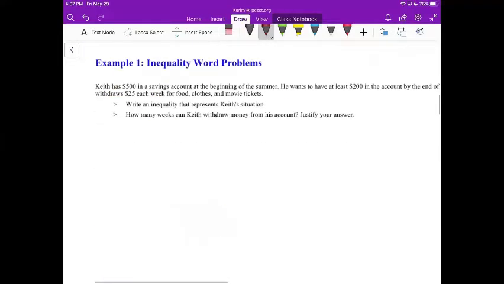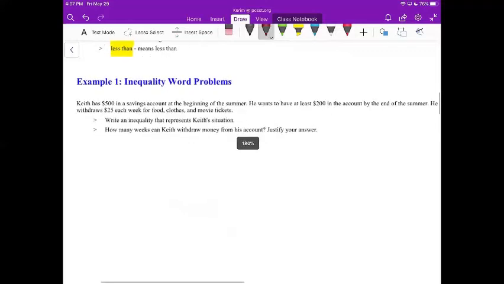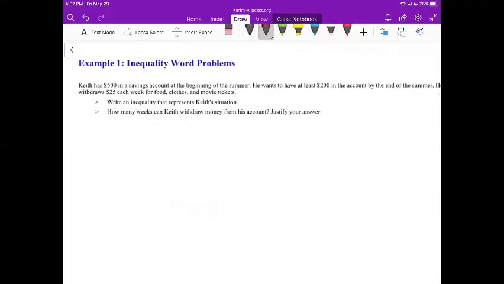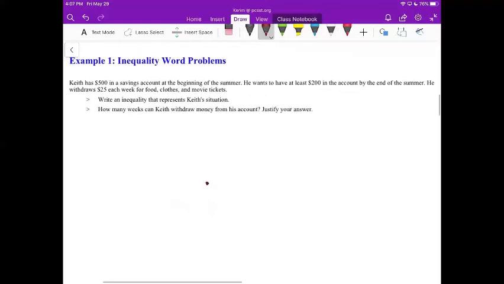So let's look at the first example that we have. I'm going to do two examples, then I'll give you time to solve the problems, and then we'll go over it after that. The first problem is: Keith has $500 in a savings account at the beginning of the summer. So what I highlight over here is $500 at the beginning.